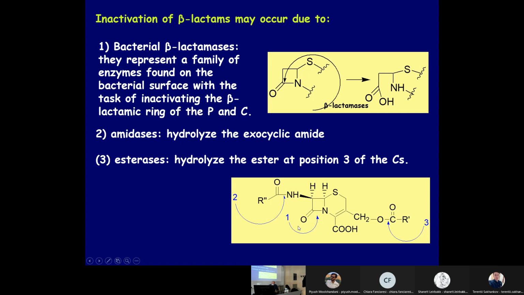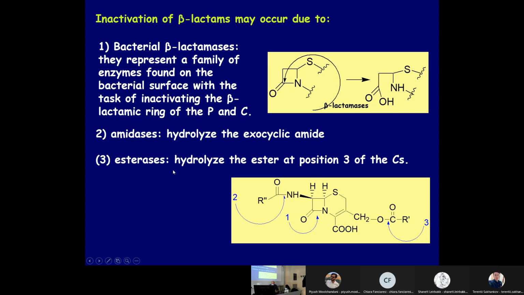So you can see in the figure, beta-lactamases are able to open the four-atom ring here, on this carbon atom. The amidases are able to hydrolyze part of the side chain.